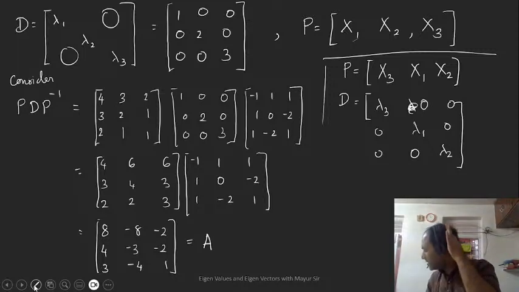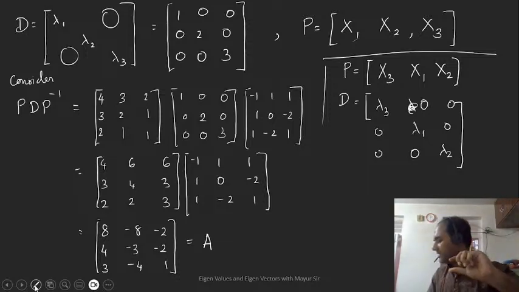D equals lambda values in the diagonal, but the order is the way they are positioned; their position changes as the position of the eigenvectors changes. That is not the problem, Priya. Please listen. What I am addressing is that if x3 comes first, then you have lambda 3 as the first element in the diagonal.